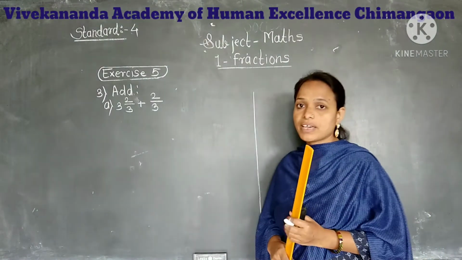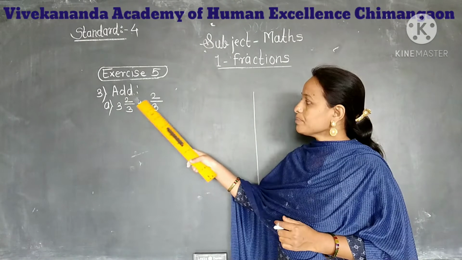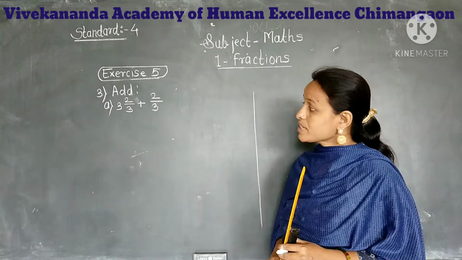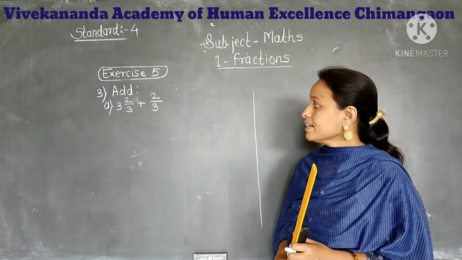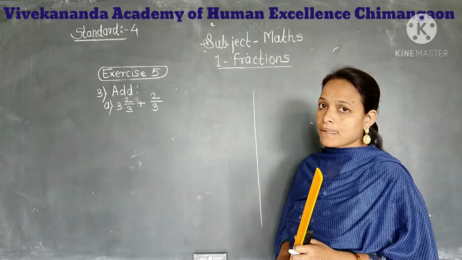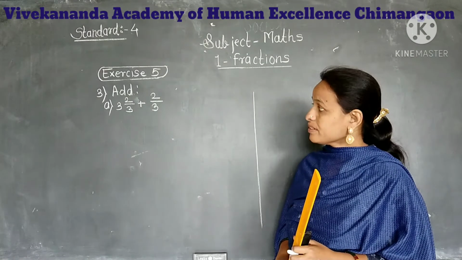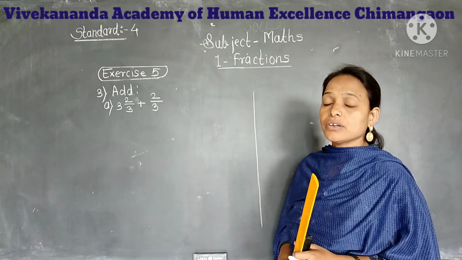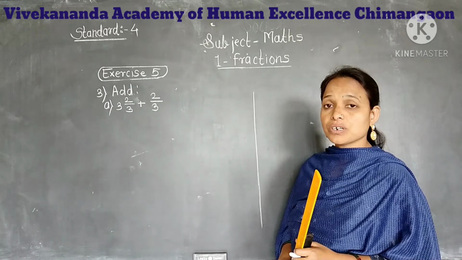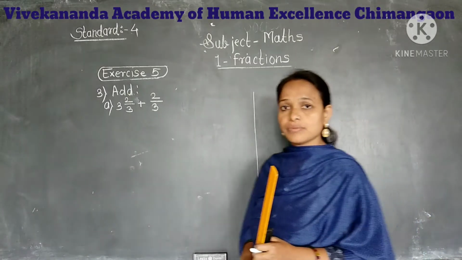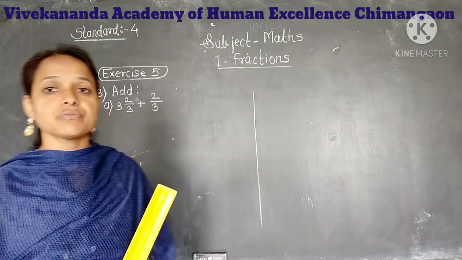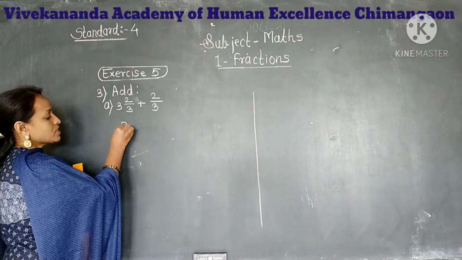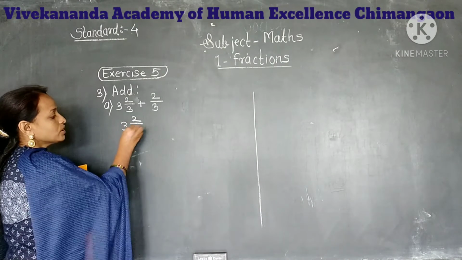Next question, add 3 2 upon 3 plus 2 upon 3. See students, in this example, the first fraction is a mixed fraction and the second fraction is a proper fraction. So here first we have to convert the mixed fraction into an improper fraction. Then if required we convert to like fractions and then add. So the mixed fraction is 3 2 upon 3.